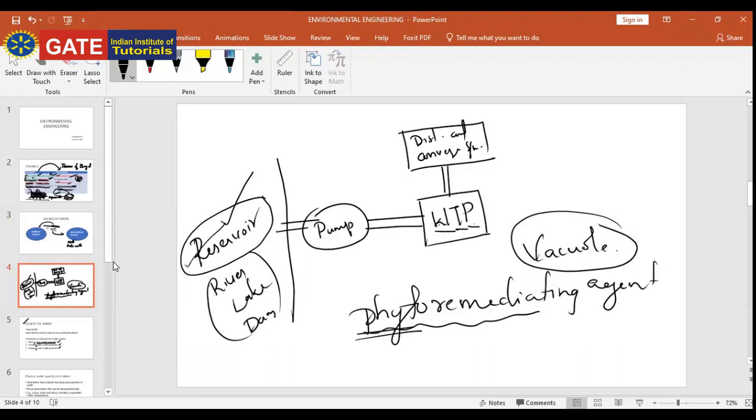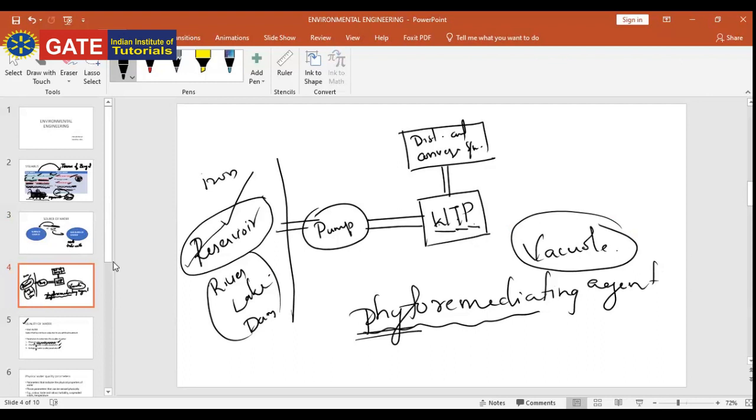If the water coming from the reservoir has a high amount of biological matter, I have to do the treatment according to that. If the water has acid content, I have to do the treatment according to that. If it is alkaline, I have to do the treatment according to that. If it has an excess of metals like iron or other heavy metals, then we have to do the treatment according to that.